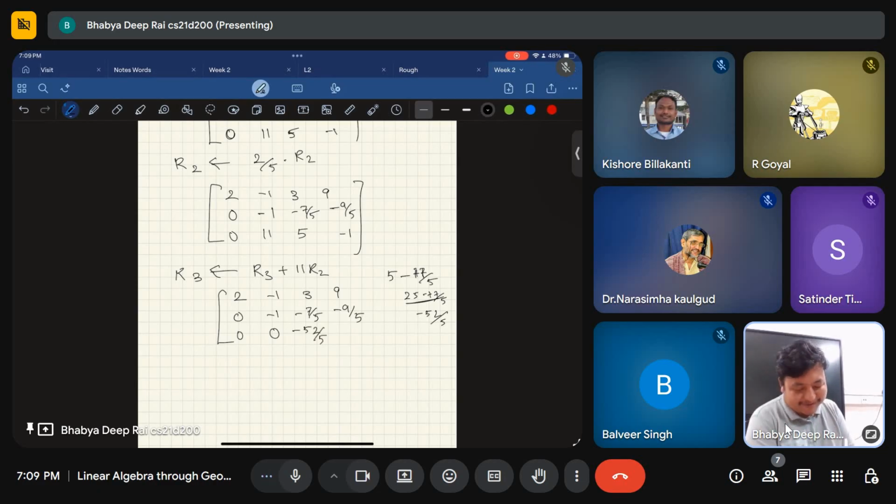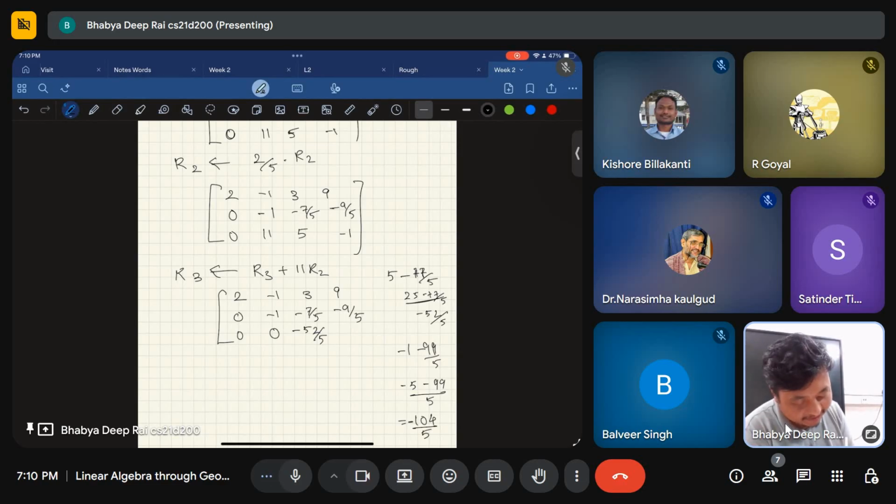And finally, you have minus 1, minus 99 by 5, which is minus 5 minus 99 by 5, which is equal to minus 104 by 5.